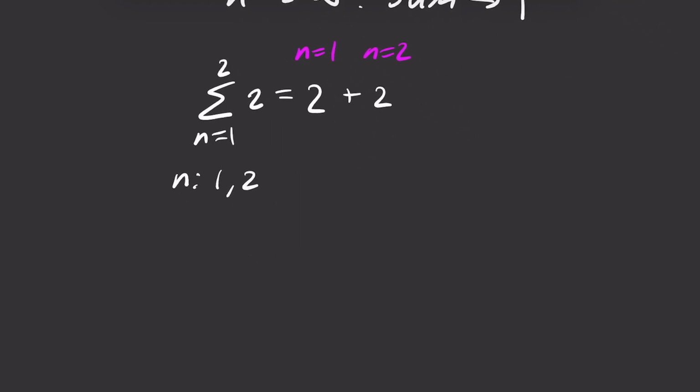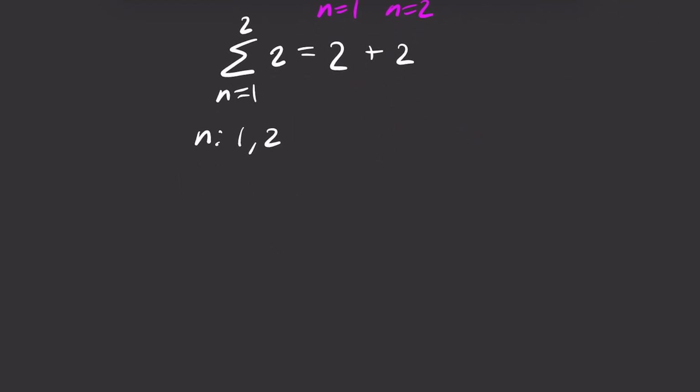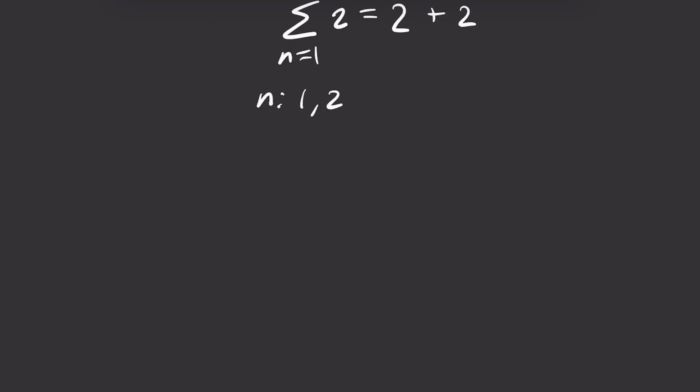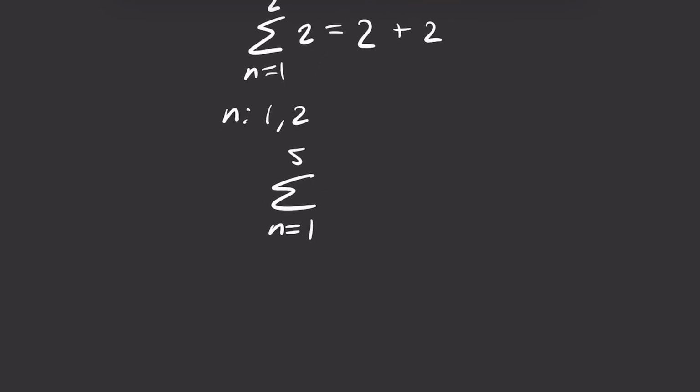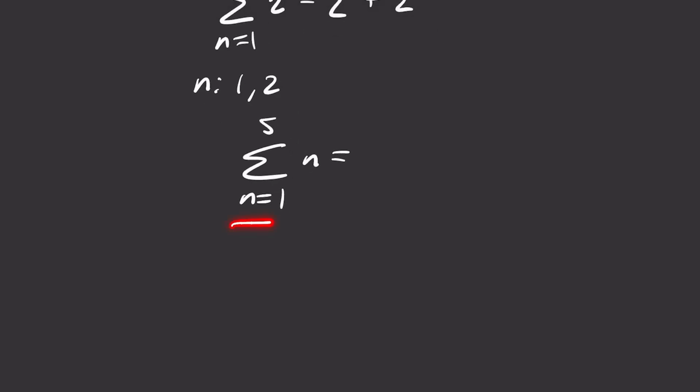I realize that might not make a lot of sense, so I'll do another example. Let me make n go between larger numbers. So I let n go from 1 to, say, 5, and instead of 2 in here, I think it would be more clear if I wrote n in here. So what I'm doing now is summing all n from n equals 1 to n equals 5.